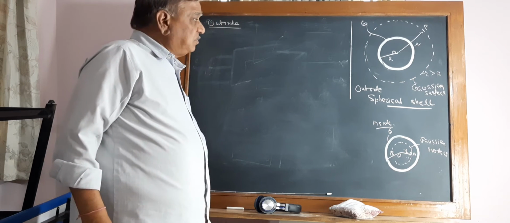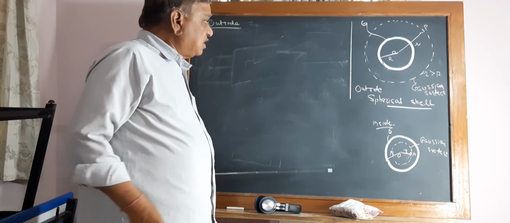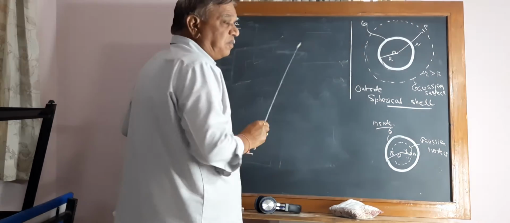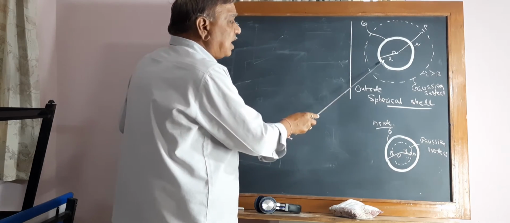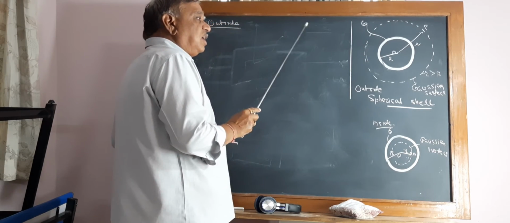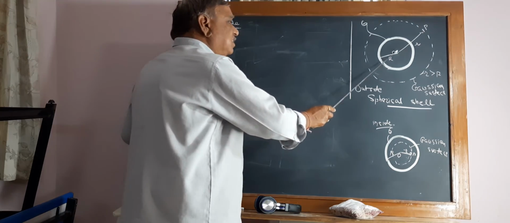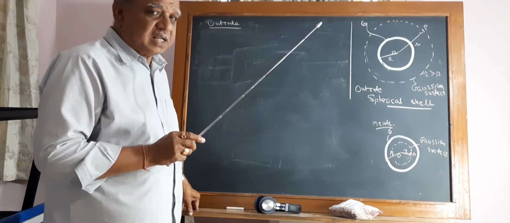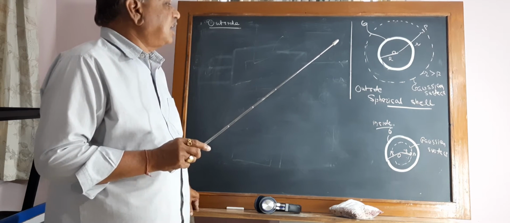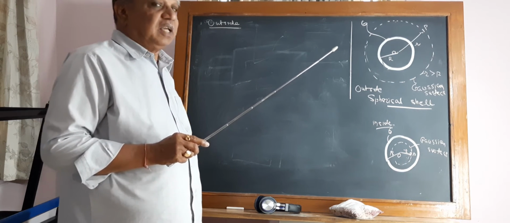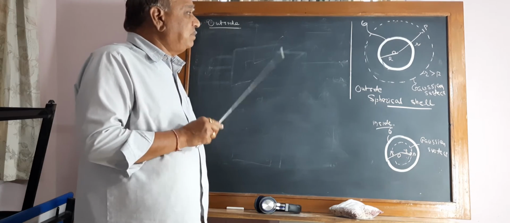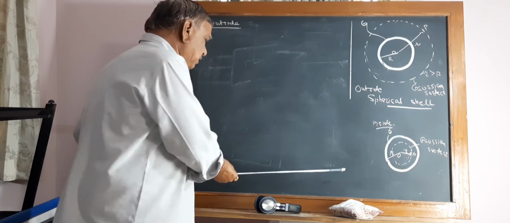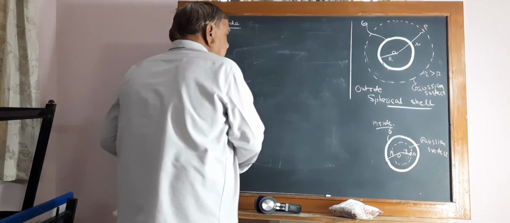As shown in the figure, consider a spherical shell of radius R and center O. O is the center, capital R is the radius of the spherical shell, and it is uniformly charged. For convenience, we are taking only positive charge on it.